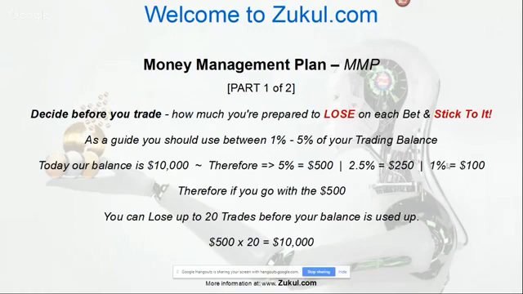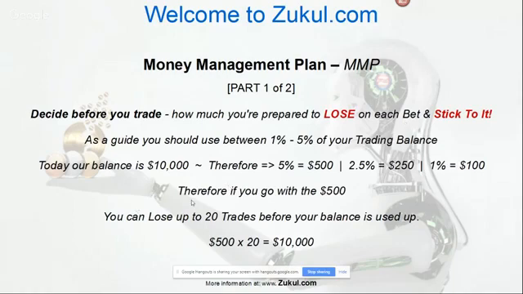Now, if you're uncomfortable with those numbers, then it's part of your money management plan to then wind that back. Okay, so if you've got $10,000 in there and you're only prepared to risk, say $20, then I would start betting with $1, all right, or $2. So whatever it is you are prepared to lose is the size that you're prepared to bet.